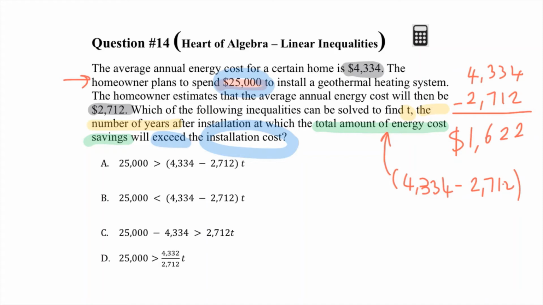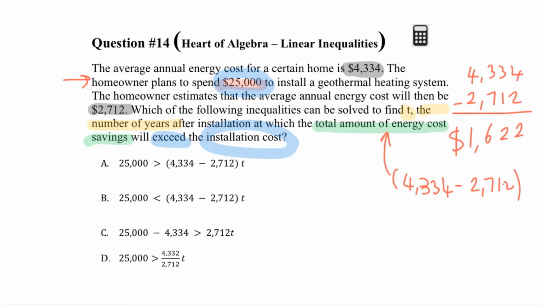So if it exceeds, the total amount of savings should exceed 25,000. It means greater than 25,000. If you look at the answer choices, 25,000 is always on the left side. It means $25,000 is going to be less than the total amount of savings.